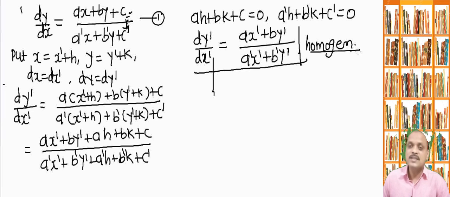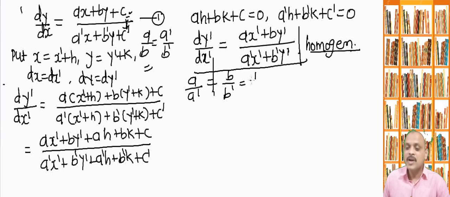Now friends, this method fails whenever a divided by b equals a dash divided by b dash. Whenever this ratio is the same, this method fails, and we have to put a divided by a dash equal to b divided by b dash equal to 1 divided by m.